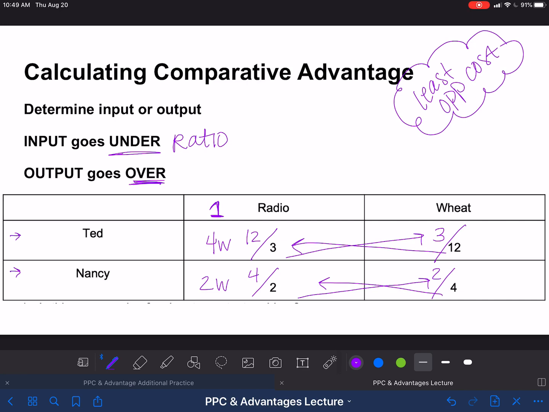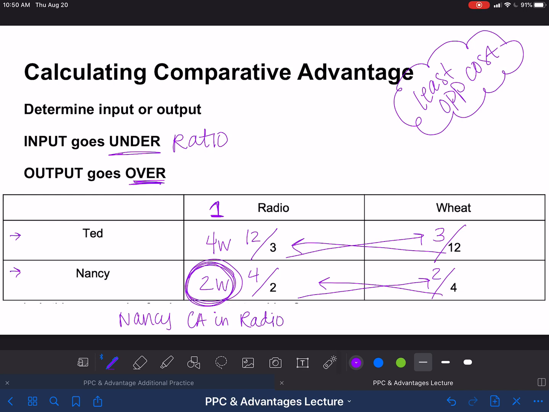So who's giving up the least amount of wheat to make 1 radio? Is it Ted who's giving up 4 wheats, or is it Nancy who's giving up 2 wheats? It is Nancy. Nancy has the least opportunity cost. So Nancy has the comparative advantage in radios.